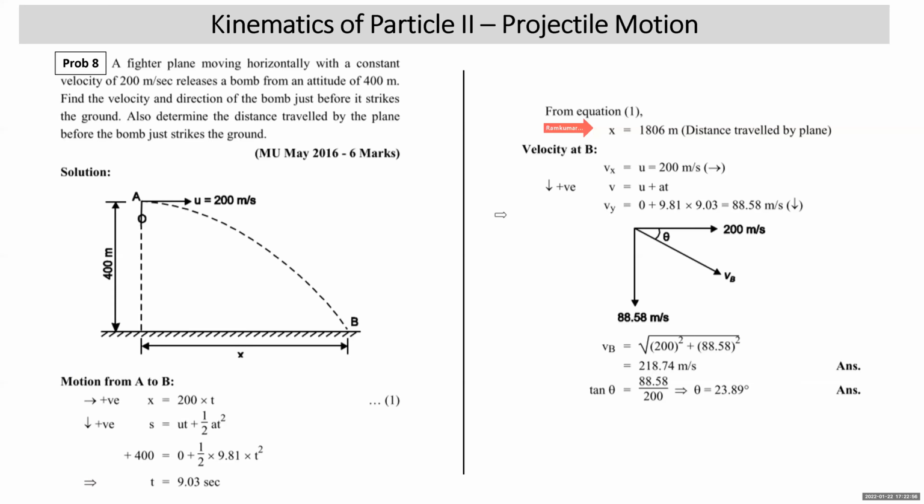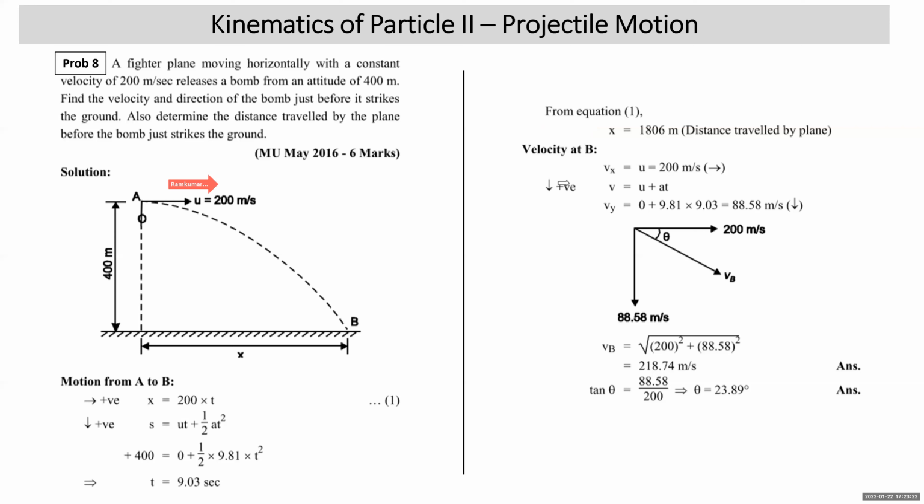Then you want the velocity at B. When finding it, you know that the horizontal component of velocity during projectile motion remains constant. So even at point B, the horizontal component of velocity will be 200 meters per second. To find the vertical component of velocity, you have two options. You can use v is equal to u plus at, or you can use v square is equal to u square plus 2as.